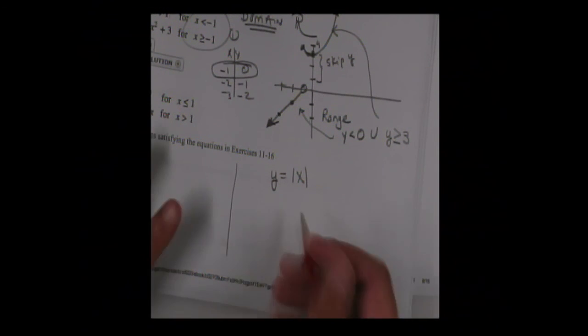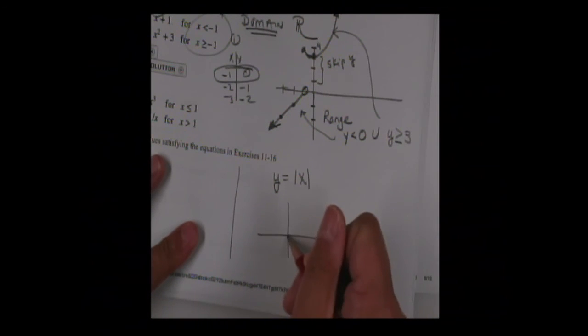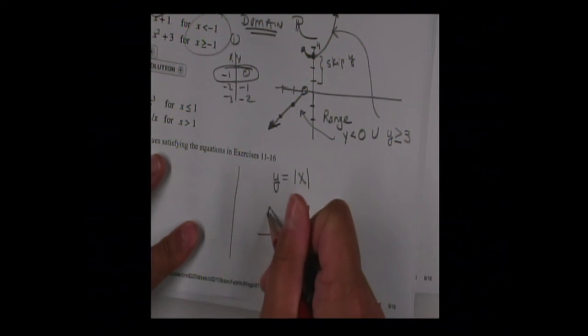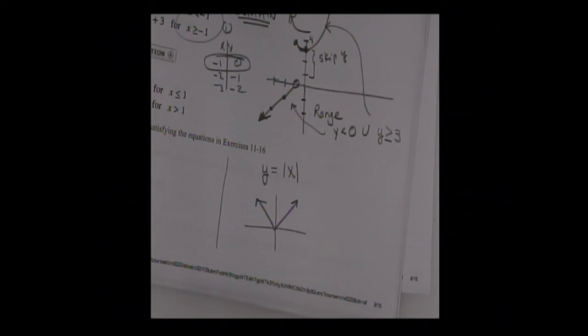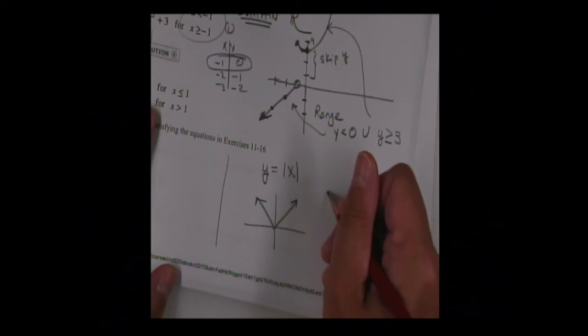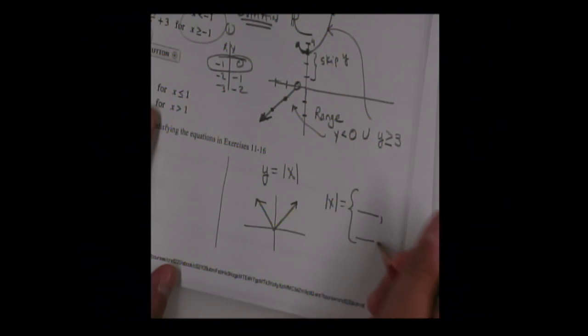A V. Because it looks like a V, and if you didn't know that was the absolute value, you might think of it as a piecewise function. And in fact, the absolute value of x can be written as a piecewise function.